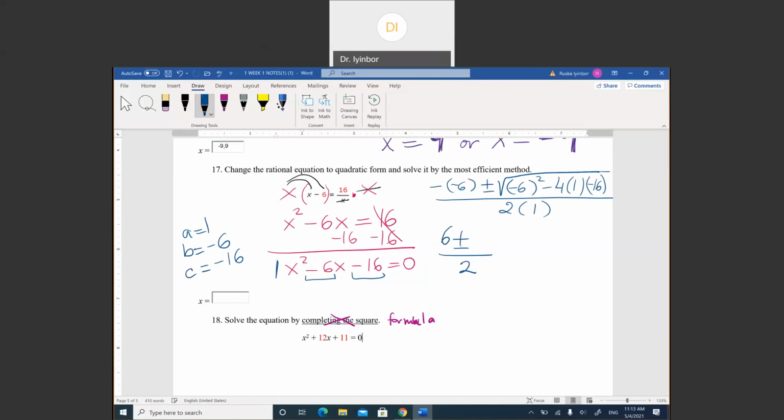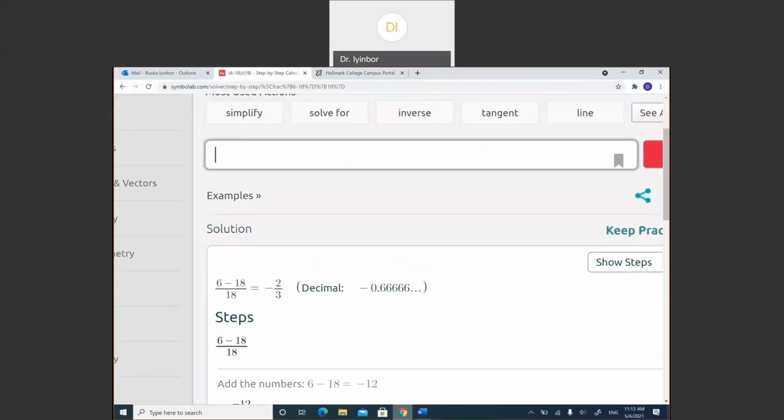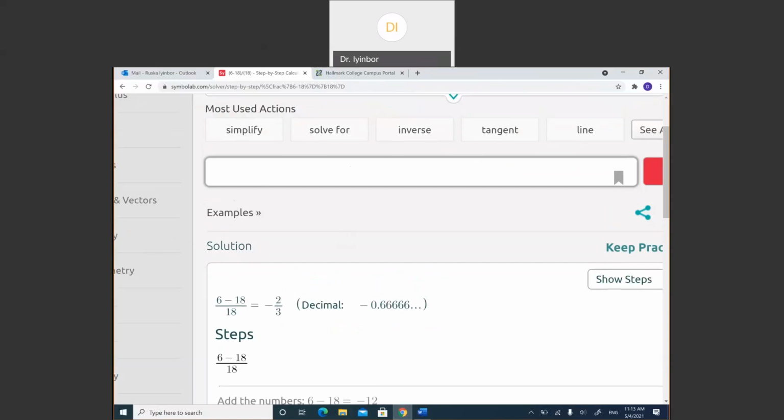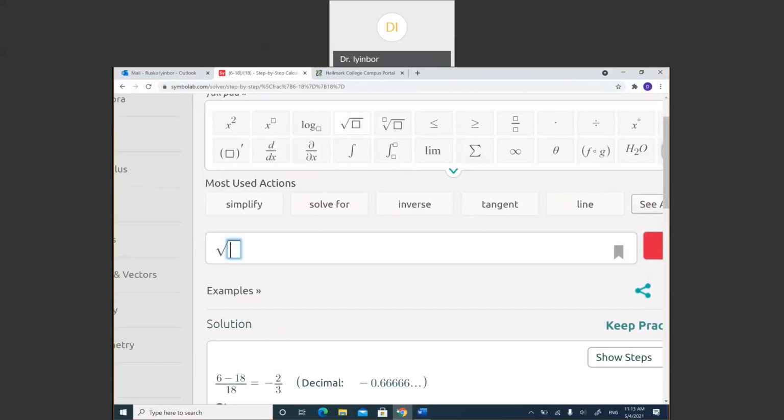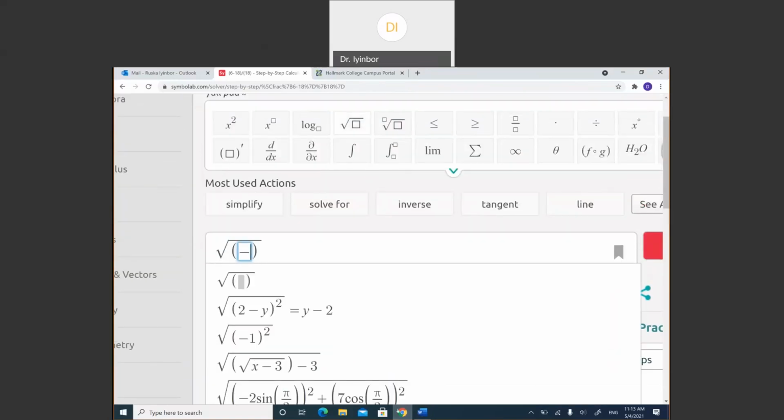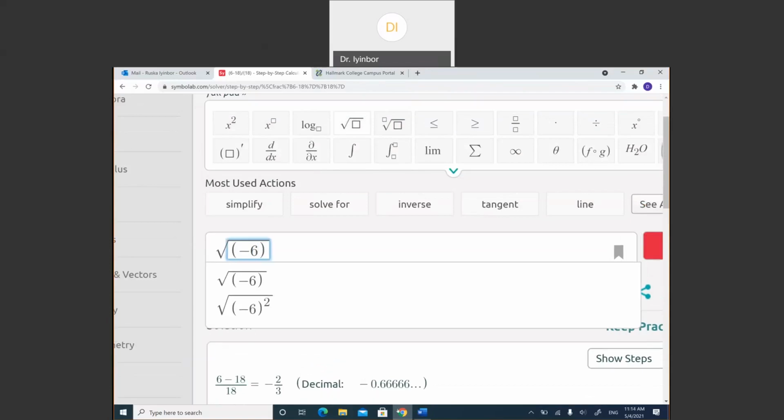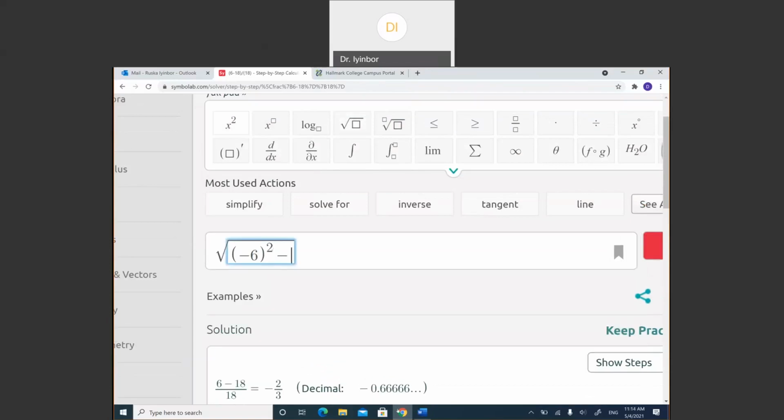So for the square root, I can use the calculator again. We're going to press square root, and then you have -6 squared. Make sure you put parentheses, squared, minus 4 times 1 times -16.